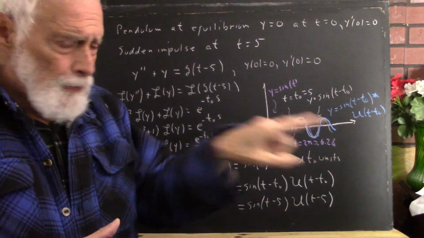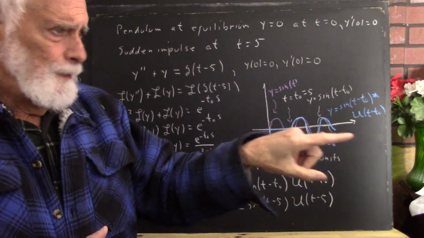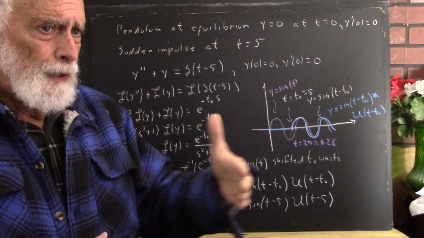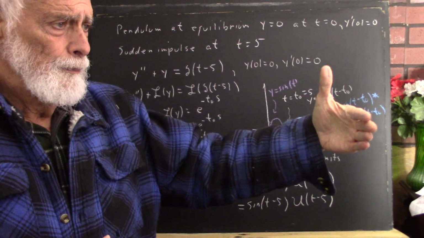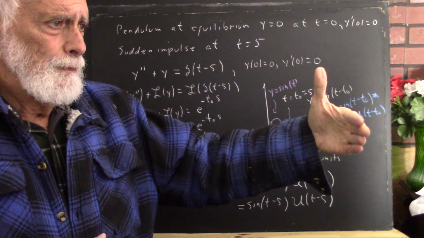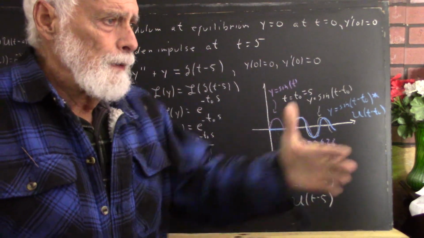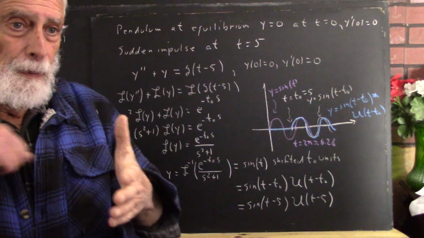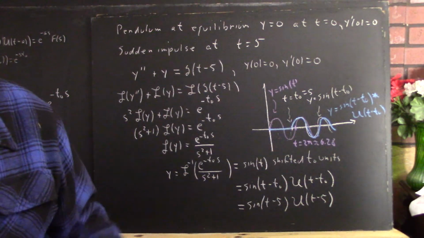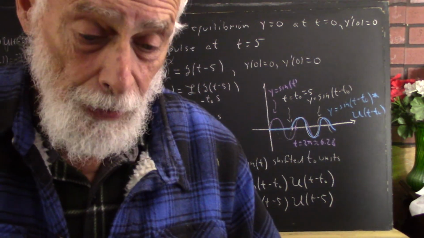So if your position is positive, out this way from equilibrium, and you give it an impulse here, I'm going to bring it back on the other side of equilibrium and give it an impulse, just to see how that works, and you can compare that with the example in the text.